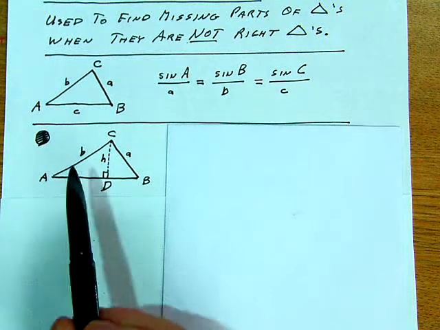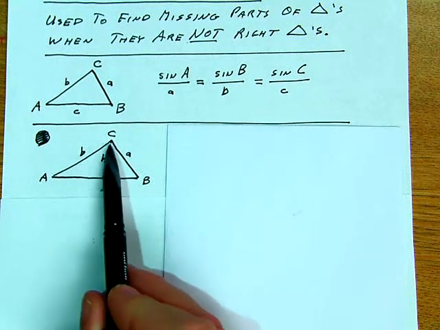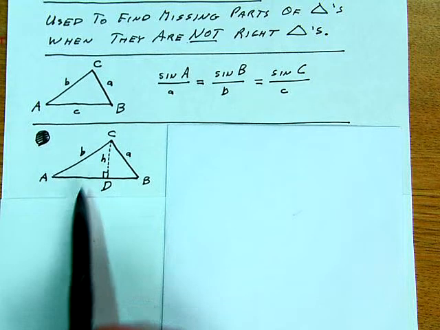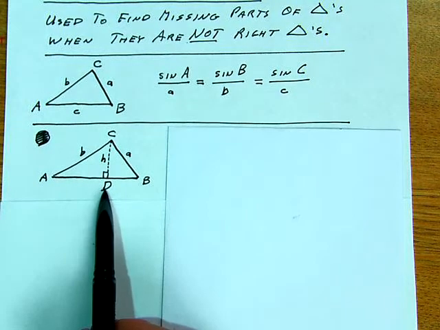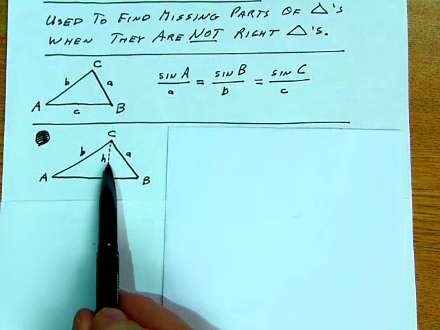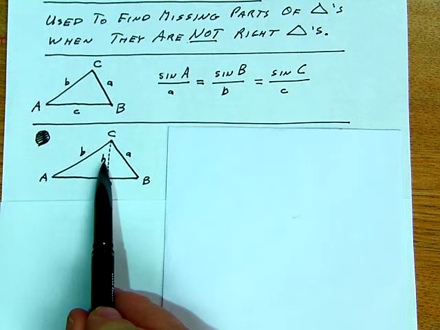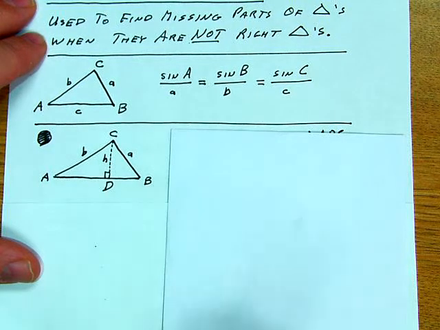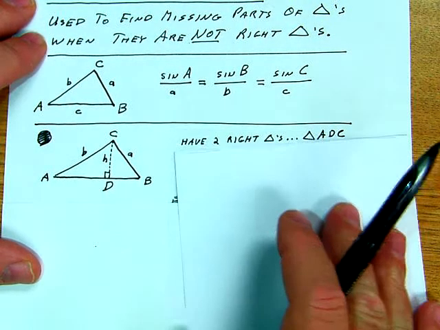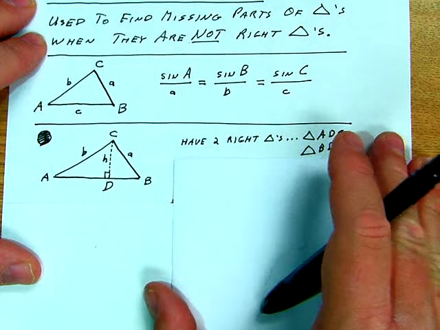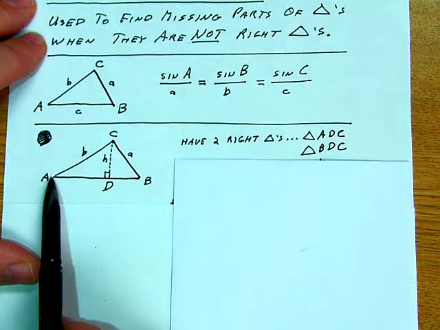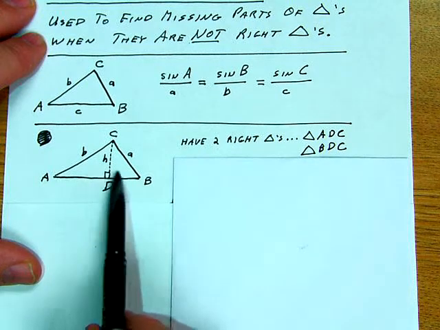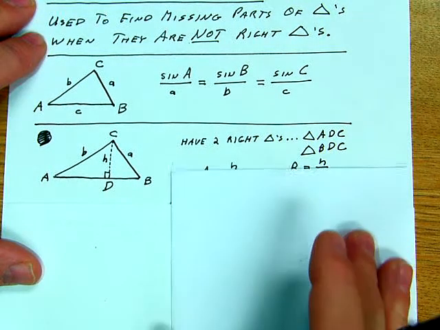Given the triangle that we had above, I'm making an altitude straight down and making two right triangles out of that triangle, putting in point D. I've labeled that altitude as h, or the height of the triangle. So what do we got? As soon as we do that, we now have two right triangles, ADC and BDC. So we've got two halves of this triangle that are now right triangles.